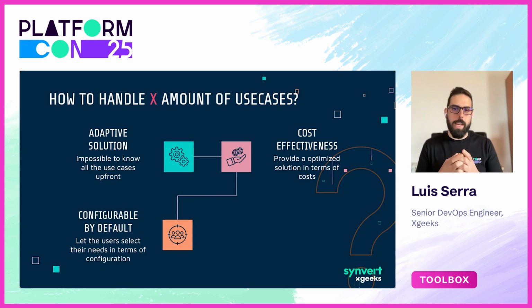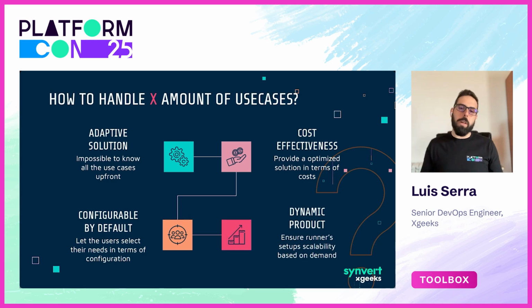They know what their teams actually need, what their development requirements are. So that must be configurable by default by the users. And of course, a dynamic product. So basically ensure that this product has the scalability characteristic to scale based on demand.